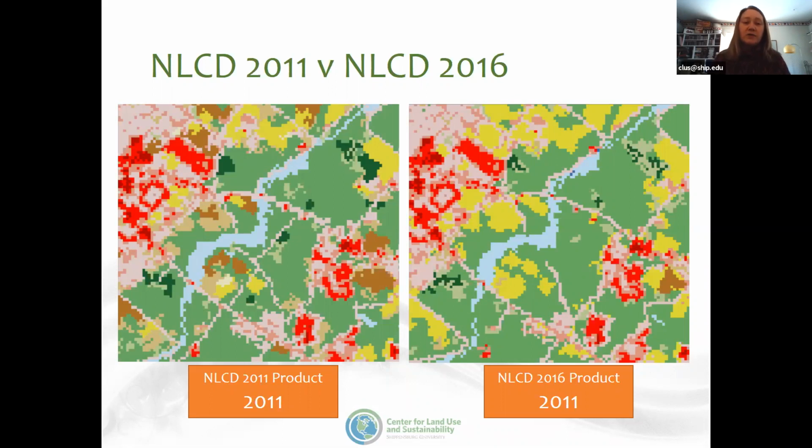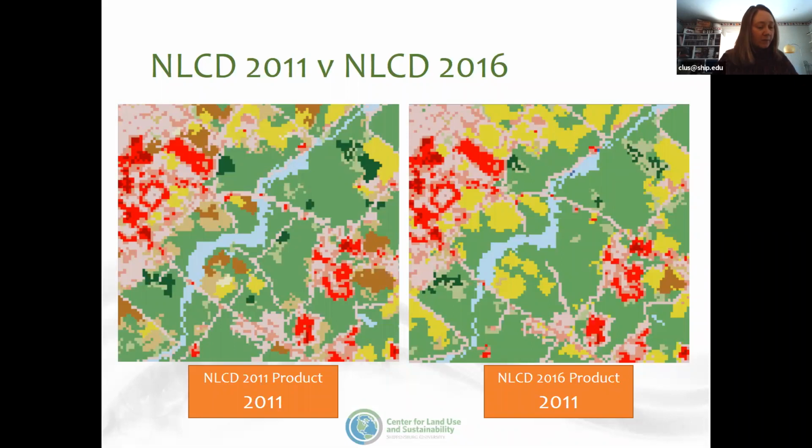Those are agriculture classes and scrub classes. And in the greens, there also seems to be some differences there. So you can definitely notice differences at the pixel scale. So I wanted to see what these differences look like at the scale of the basin.